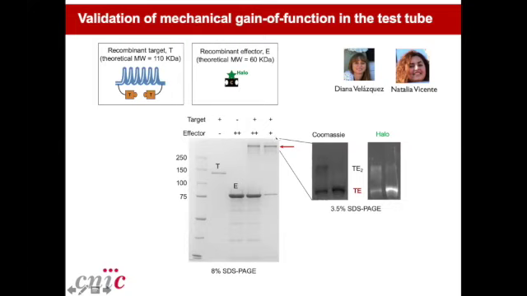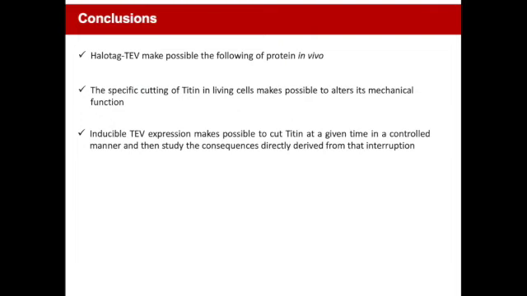As you can see in the SDS-PAGE electrophoresis, we have a shift of our target in the presence of our effectors, so essentially we have the assembly of our model. We can conclude that, of course, we are on track.